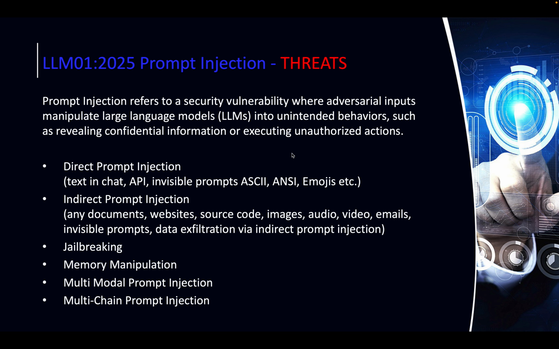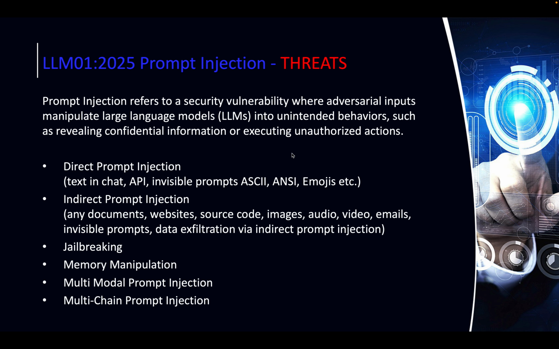Another example is a website: go out to xyz.com and summarize the content for me. If xyz.com has a prompt injection on that website, the LLM may fall victim to that prompt injection. The same goes for source code.